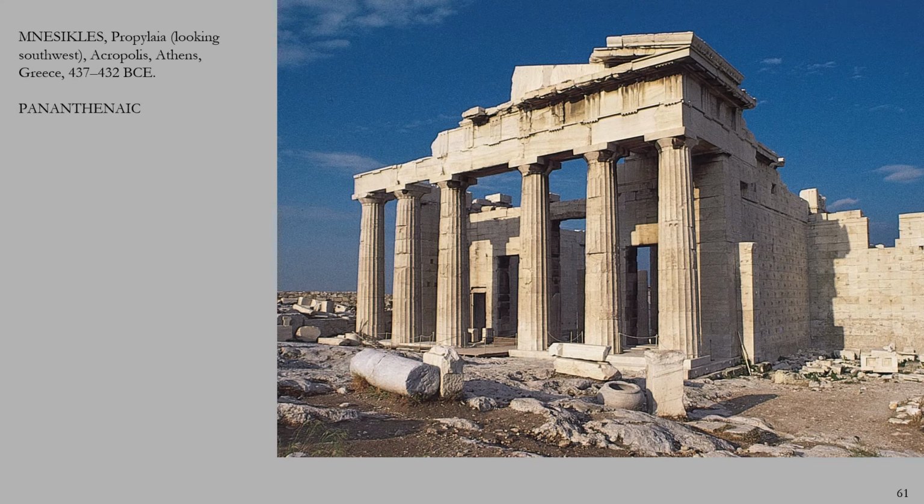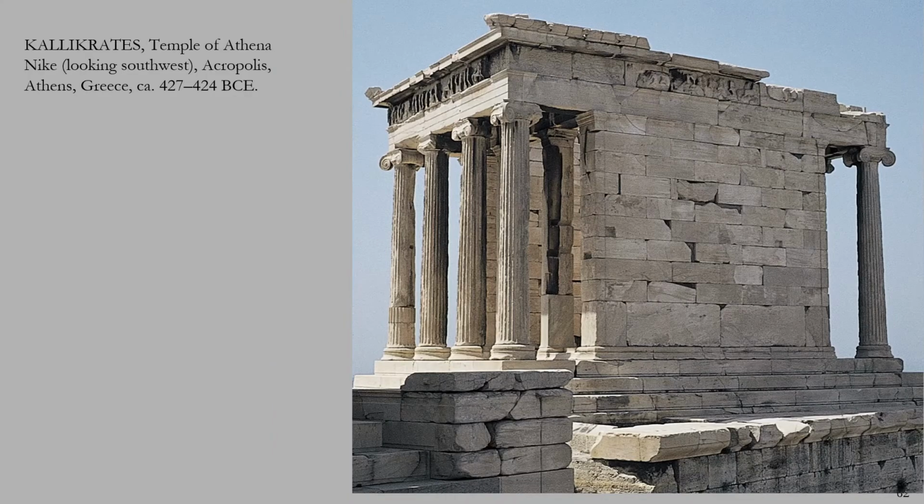Okay. So this was designed by a guy named Menescles. It's the Propylaea. This is what you would walk through as you come into the Acropolis. On your right, there would be this little temple of Athena.